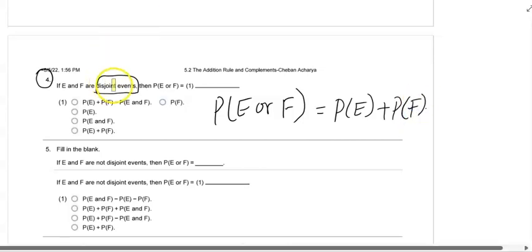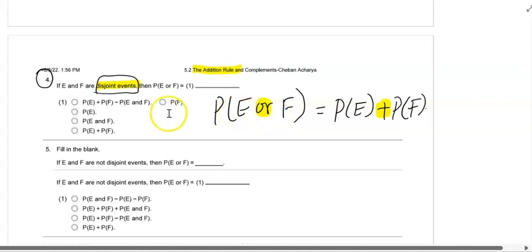Because they are disjoint, the probability of E or F is going to be the probability of E plus the probability of F. Notice that our topic is the addition rule, and here addition comes in the formula.